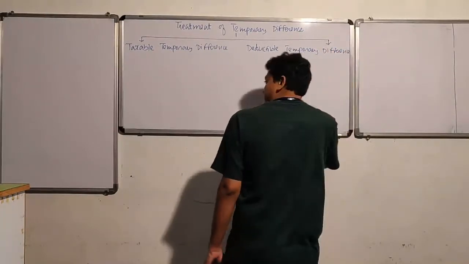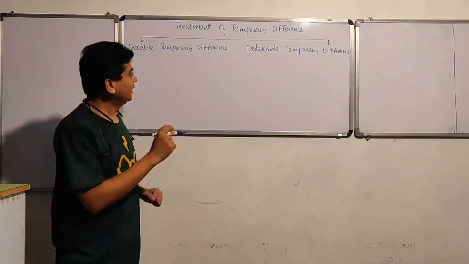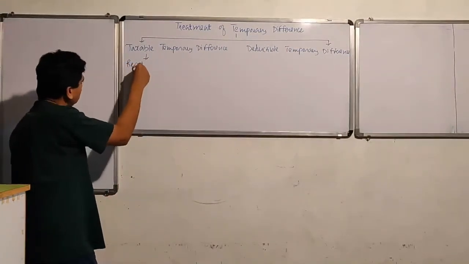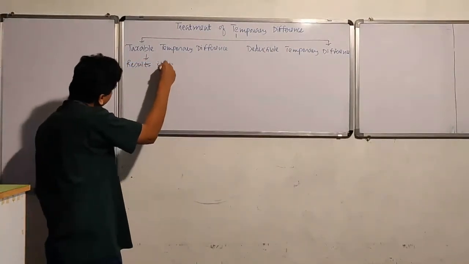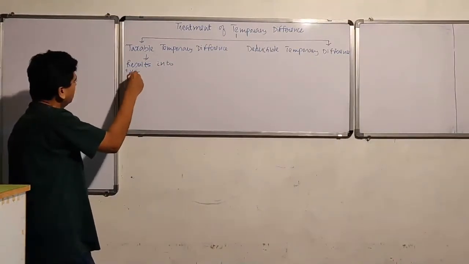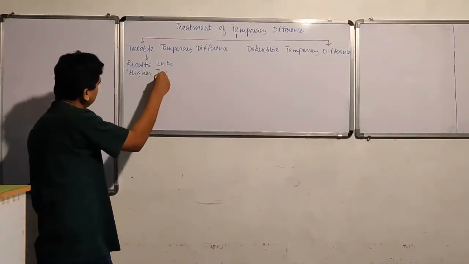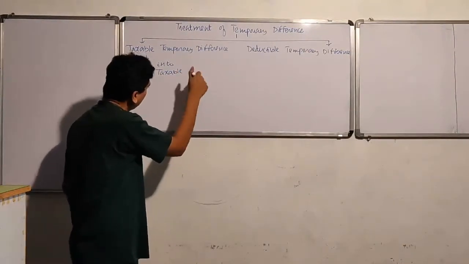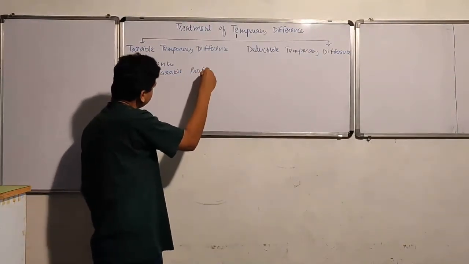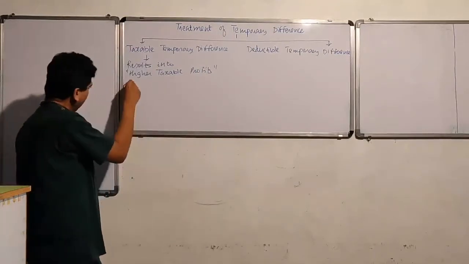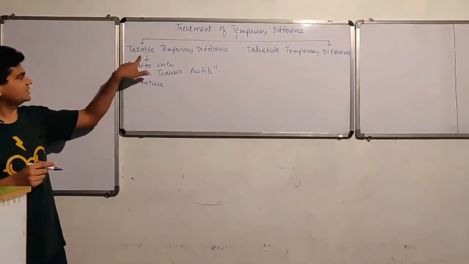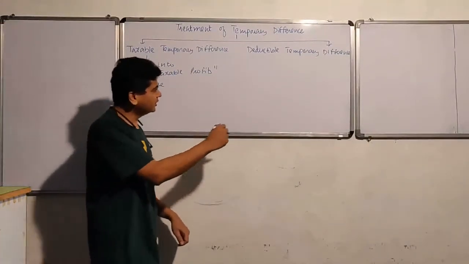Okay, how shall I distinguish between the two? If it is a taxable temporary difference, it results into higher taxable profits in future, right? Higher taxable profit. That's the reason I call it a taxable temporary difference.